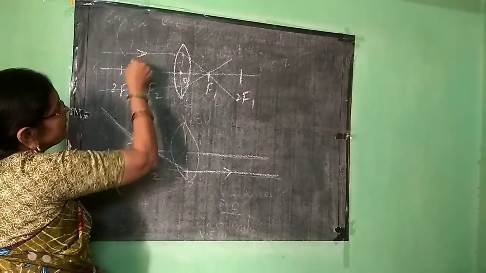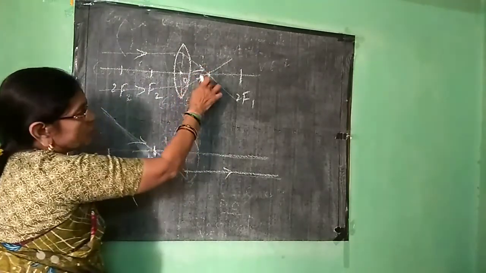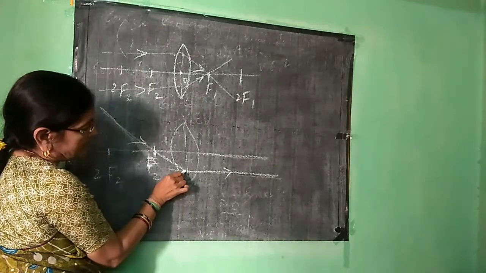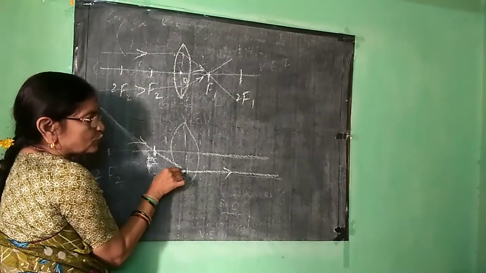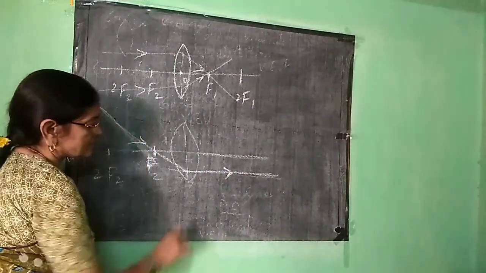Suppose the rays parallel to the principal axis go through the focus, whereas if the rays are coming from the object and moving through the lens through the focus, they go parallel to the principal axis.